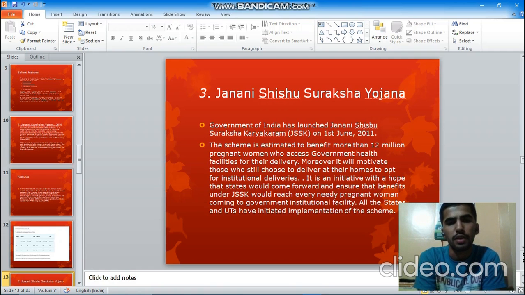Moreover, it will motivate those who still choose to deliver at their homes to opt for institutional delivery. It is an initiative with a hope that states would come forward and ensure that benefits under Janani Sishu Suraksha Yojana would reach every needy pregnant woman coming to government institutional facilities. All the states and union territories have initiated implementation of the scheme.